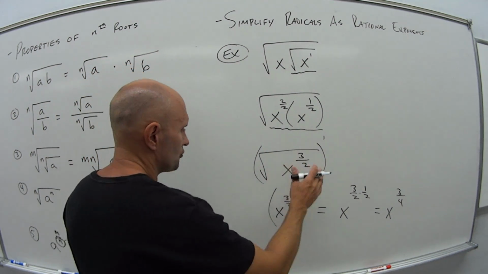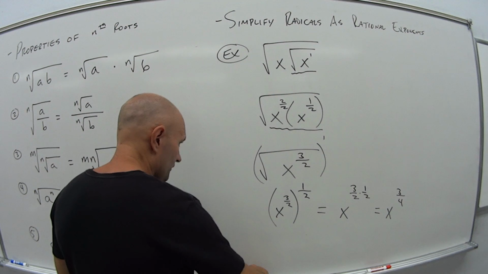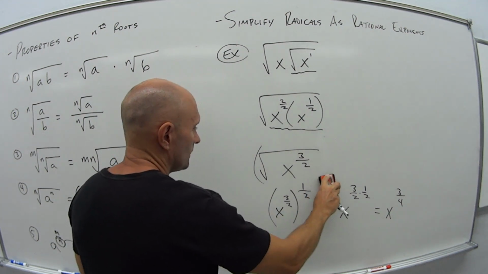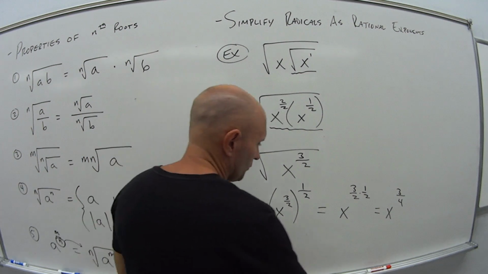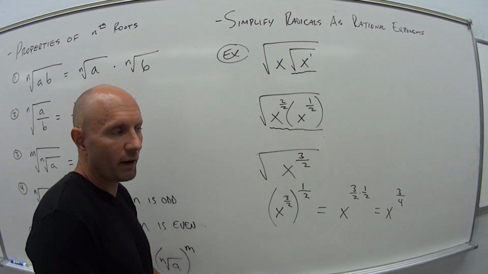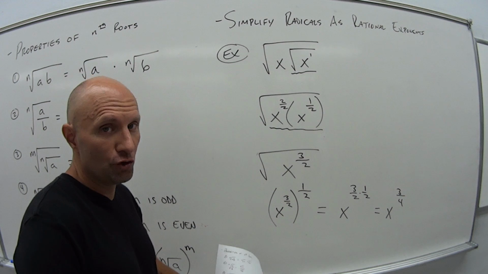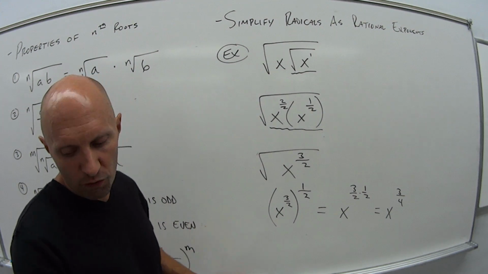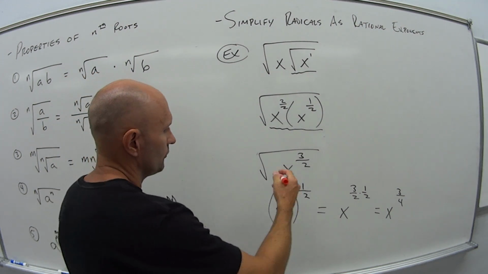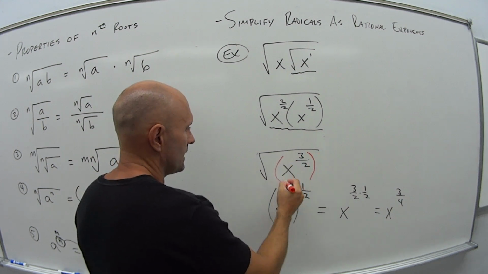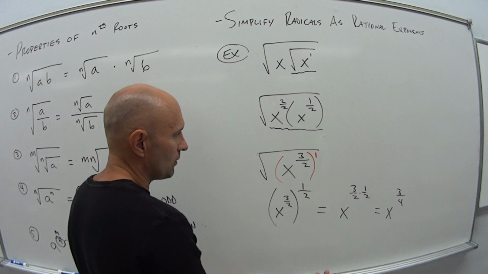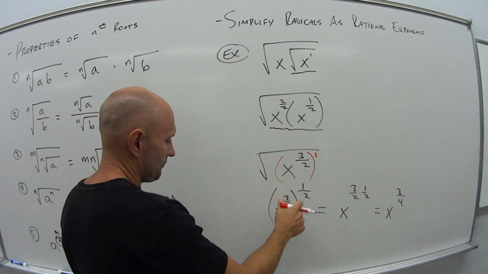So again, maybe the tricky part there was right in this area, converting this one into a half. But anytime you have a square root, that's always going to be the 1/2 power. Or if you have the cube root, that's always going to be the 1/3 power. So you can think of it two ways. Either this guy, x to the 3/2 to the first power, and that's how we get a half.